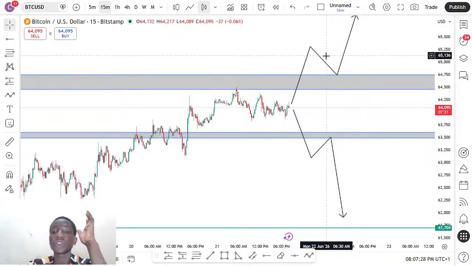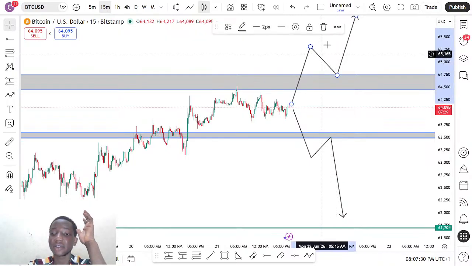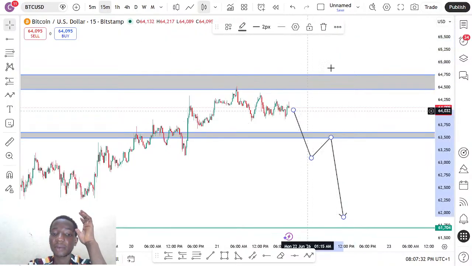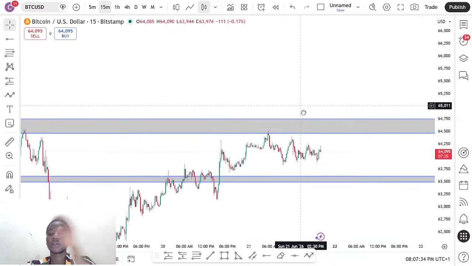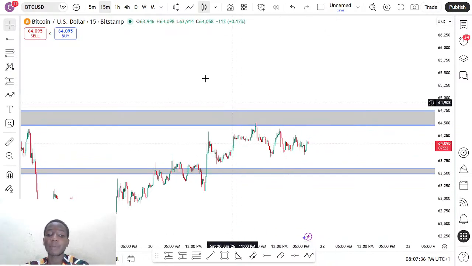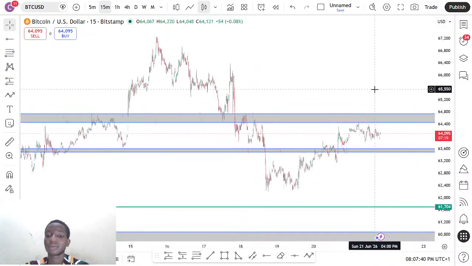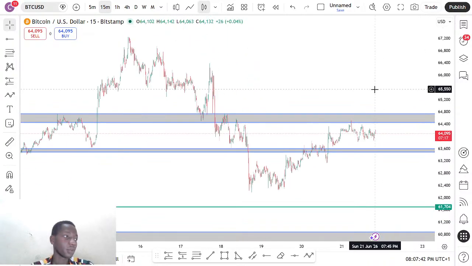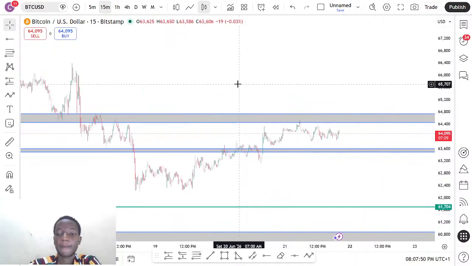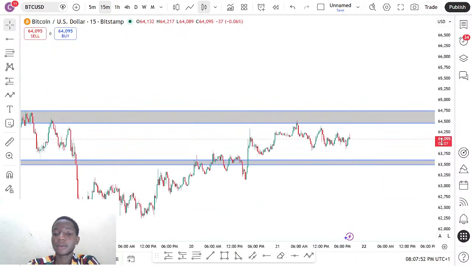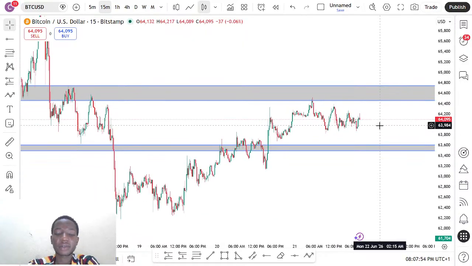So these two things I'm expecting from this BTC tomorrow, from next week. Either one of the two happens or the market consolidates. Simple. So this is a perfect setup.